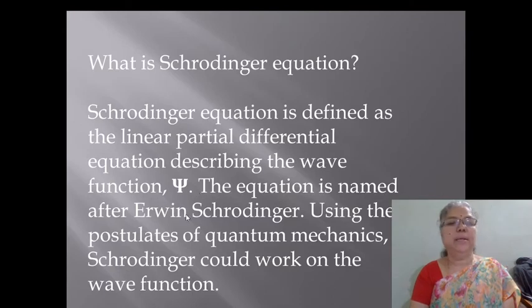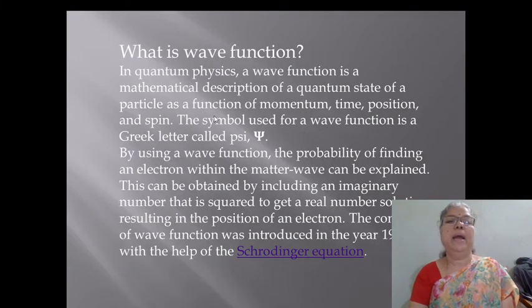The equation is named after Erwin Schrodinger, using the postulates of quantum mechanics and the de Broglie equation. Schrodinger worked on the wave function, and as already explained to you, what does wave function mean? Listen carefully. What is wave function?